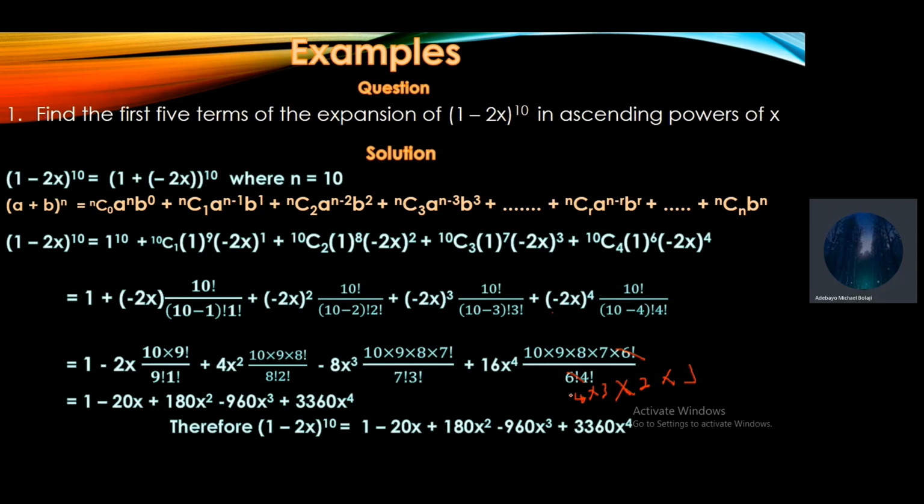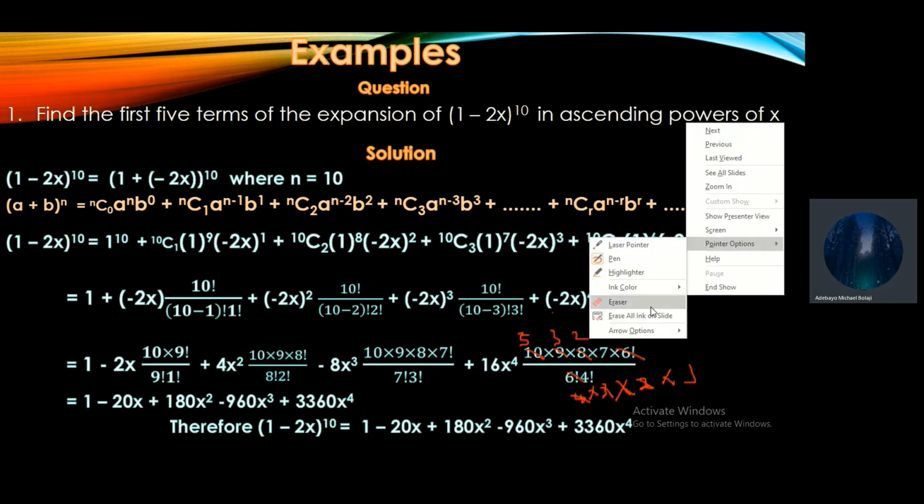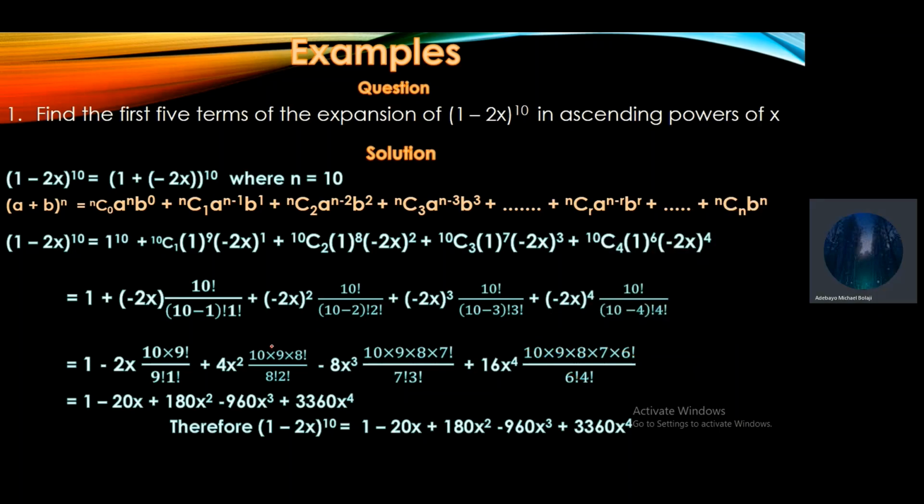Are you following me? So 4 in 8 will give us 2, 3 in 9 will give us 3, and 2 in 10 will give us 5. You see, so everything in the denominator is gone. So in the numerator we have 5 times 3 times 2 times 7, to give you a value, that value you multiply with 16. So that is generally how to solve something like this.